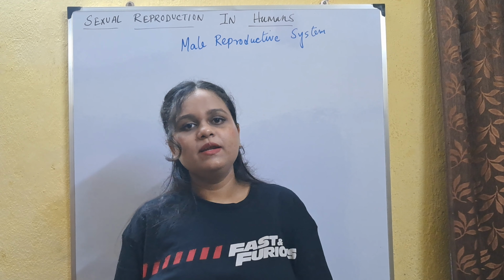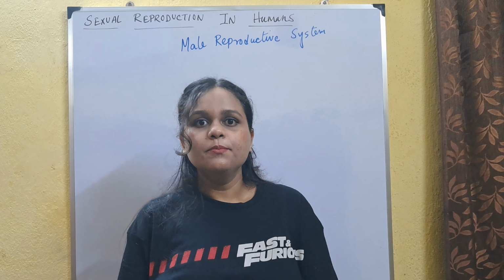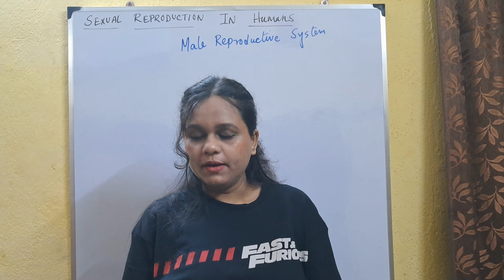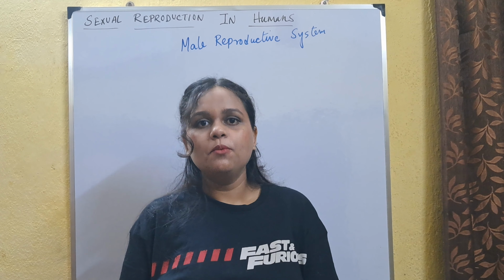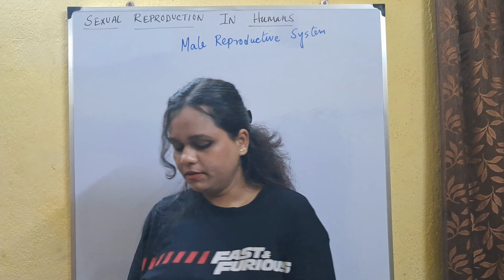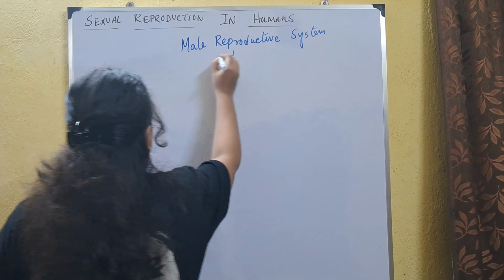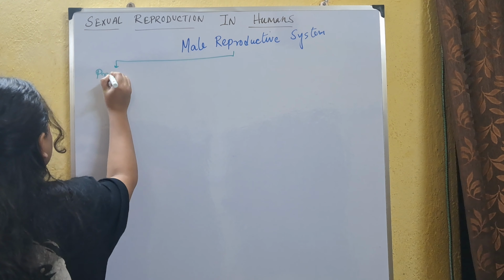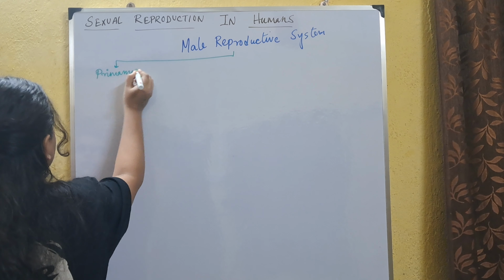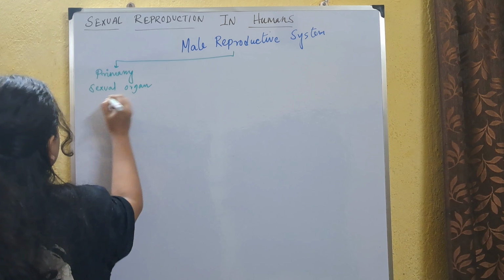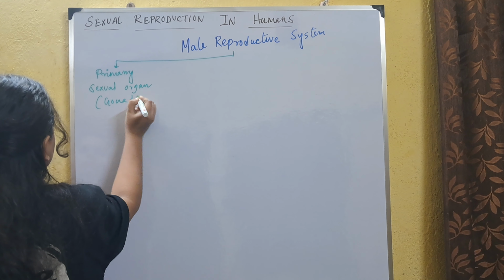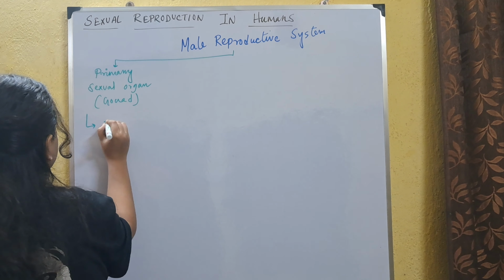The male reproductive system is briefly and precisely differentiated into 4 main parts. The parts are: first, the primary sexual organ or gonads, that is testes.